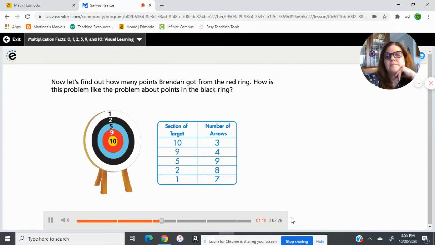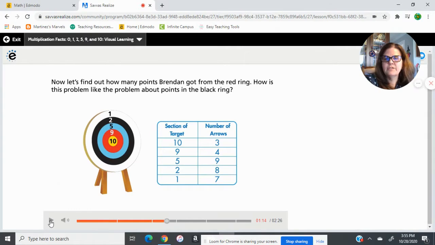How is this problem like the problem about points in the black ring? Okay, so we can look at the points. They all have points, and we can look at those points and then see how many arrows they had in each section.